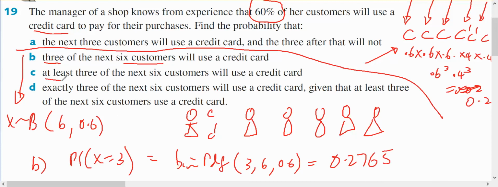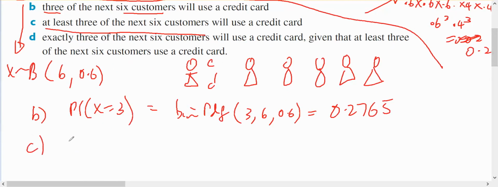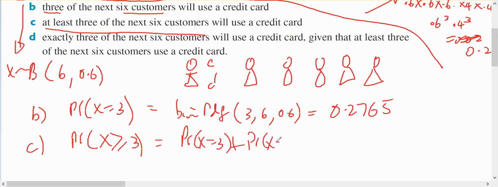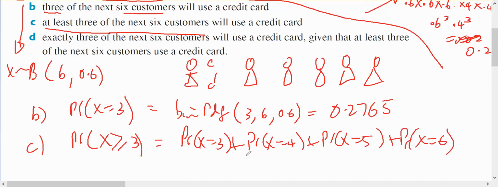Part C, at least 3 of the next 6 customers will use a credit card. So the probability of at least 3. Now that's going to be the probability that x equals 3, plus the probability that x equals 4, plus the probability that x equals 5, plus the probability that x equals 6. I don't want to do 4 calculations, so I'm going to use binomial CDF, which will give me a range, and I'll go from 3 to 6.